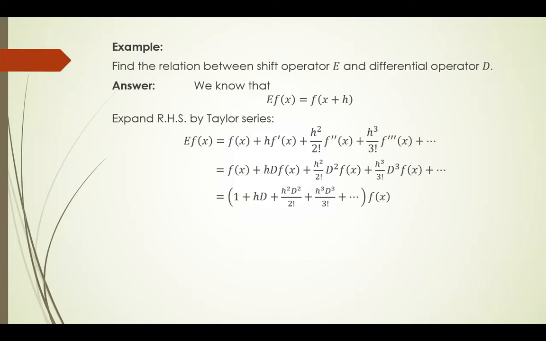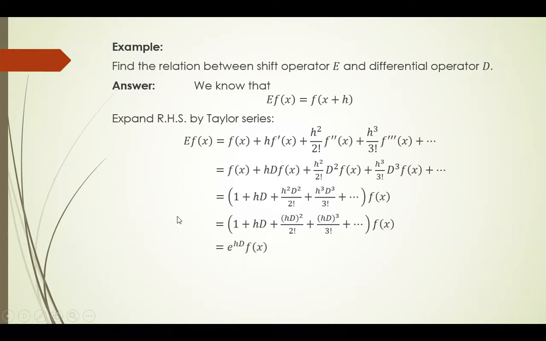And the other step, 1 plus hD plus h square D square can be written as hD whole square. h cube D cube can be written as hD whole cube, and so on. 1 plus hD plus hD whole square by 2 factorial, hD whole cube by 3 factorial. This is the expansion of e power hD.